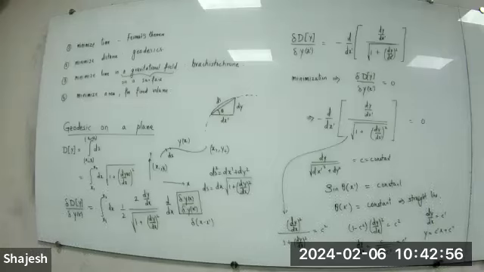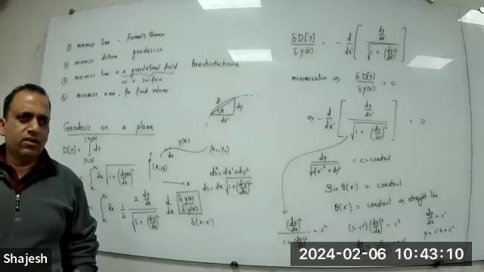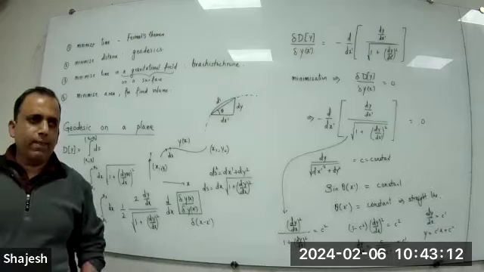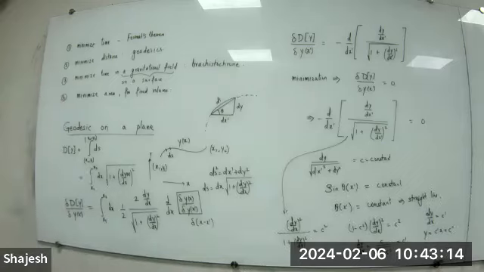So ds over the square root of 2g(y1 minus y) is equal to dt. This is the time. This is the time it takes to travel this distance.